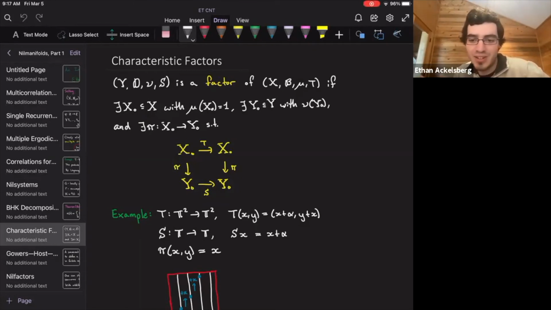There are some technical details here. I need to throw out maybe measure zero sets because we're dealing with things measurably. Measure zero sets don't really matter, but essentially you have a projection down to your factor, and the map commutes with that projection.